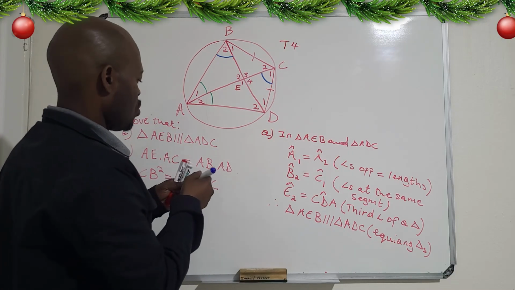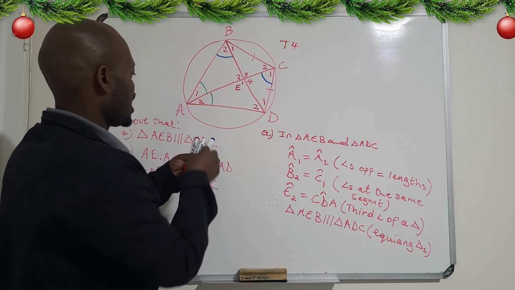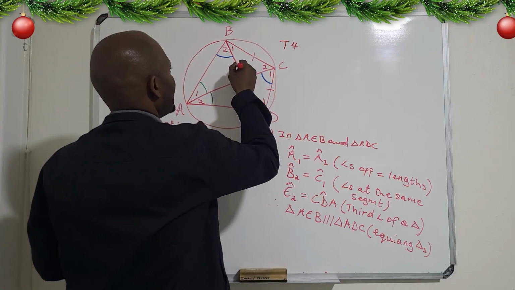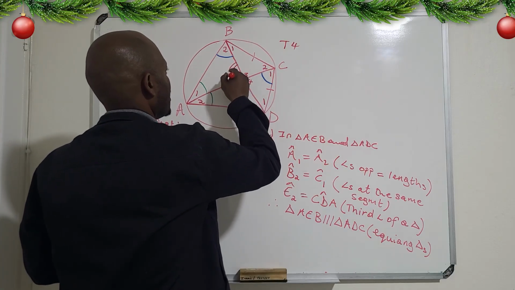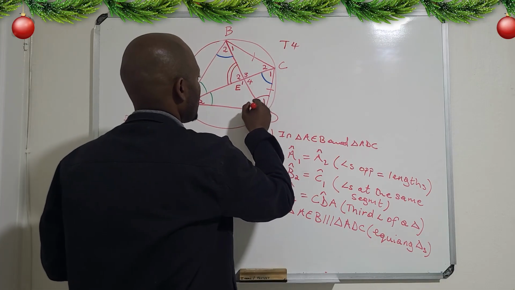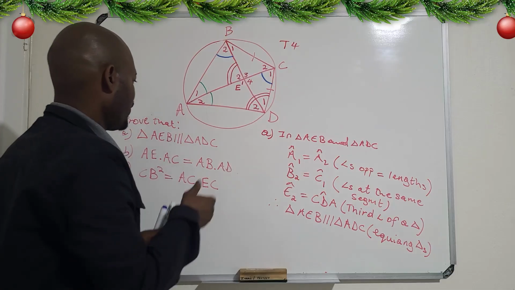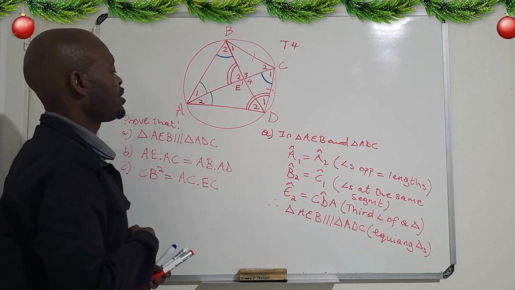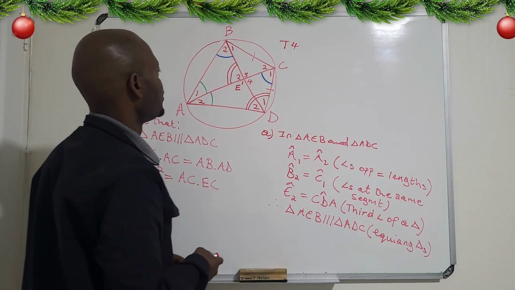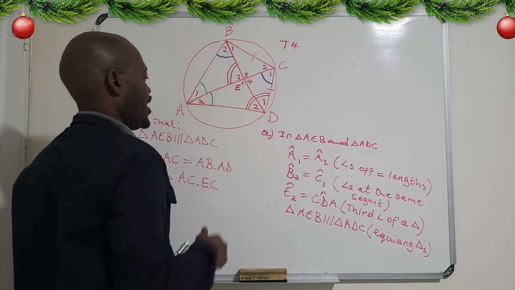We can also highlight using a different color this angle there, which we have just said is equal to this angle there. Therefore, it is going to be easy to set up our ratio, our sides which are in the same ratio, when we have highlighted like that.